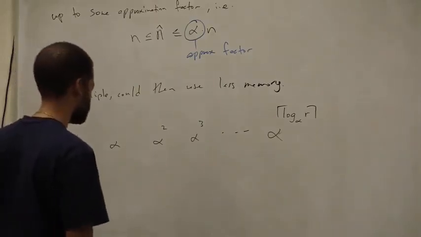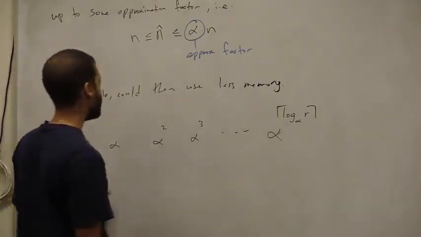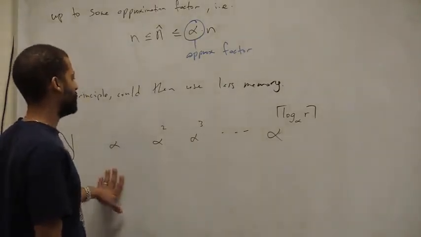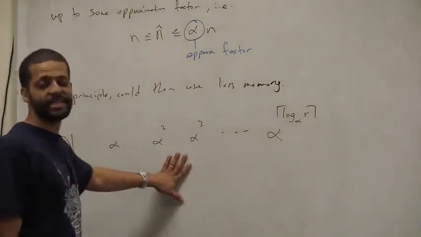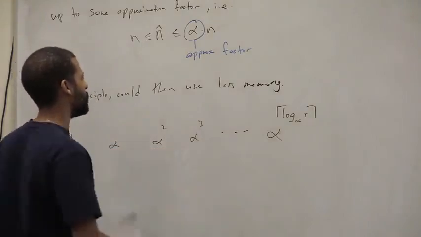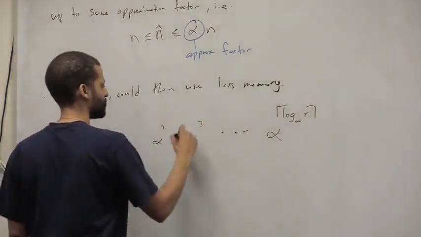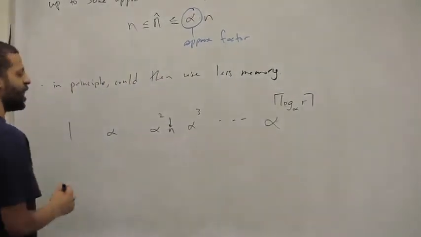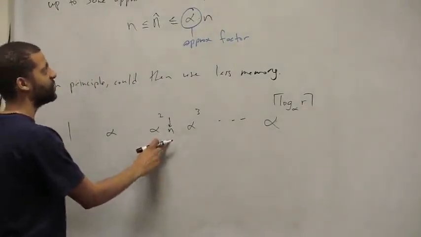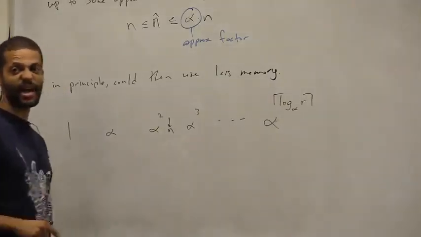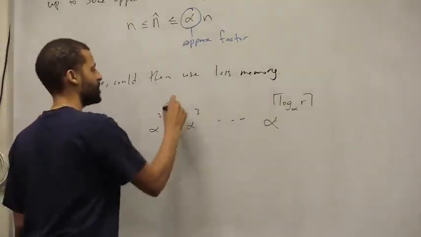If all I need to know is the answer up to a factor of alpha, then all I need to tell you is, n is somewhere, maybe n is right here, the next power of alpha that's right after n. So I can just return this to you.